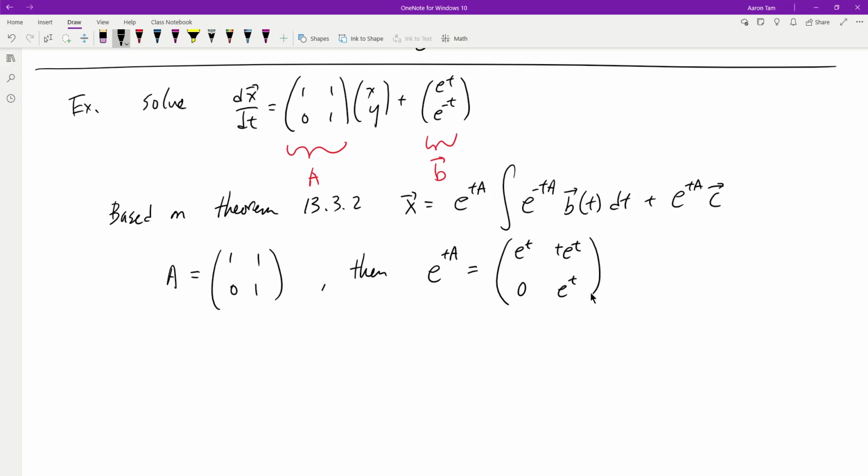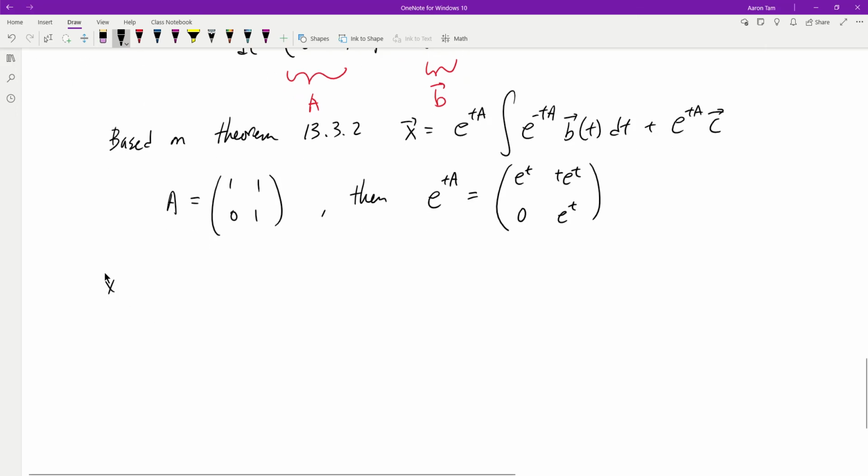So now I guess we just go for it and see what happens. Vector x will equal e^(tA) times the integral of e^(-tA), which is the inverse of e^(tA), and you can form the inverse by putting a negative in front of all the t.